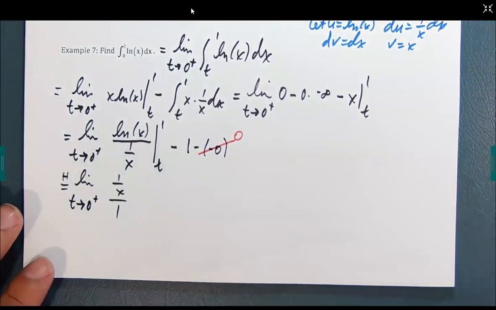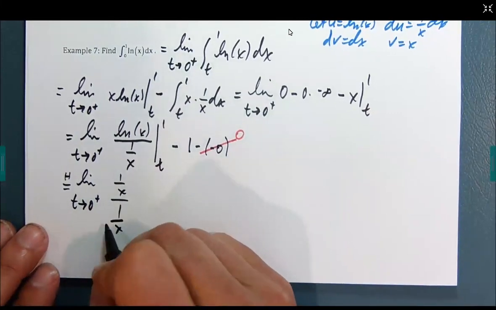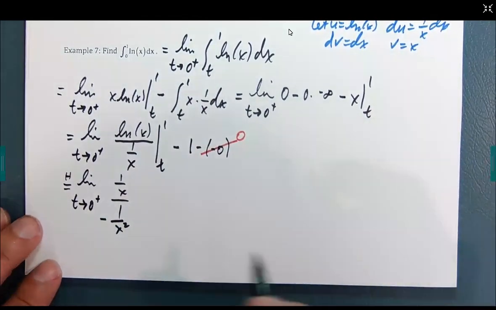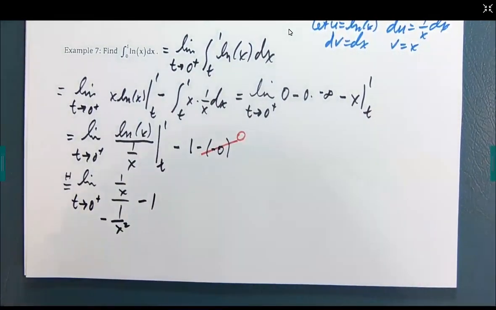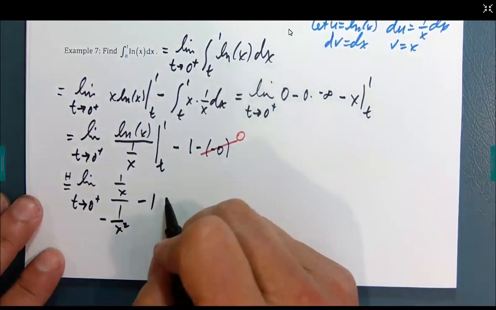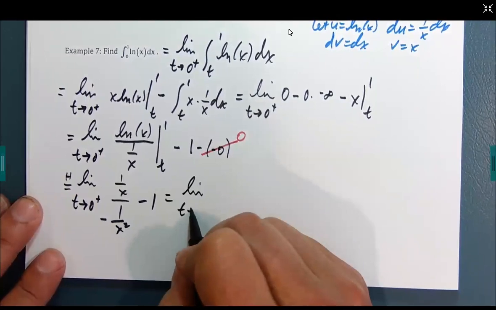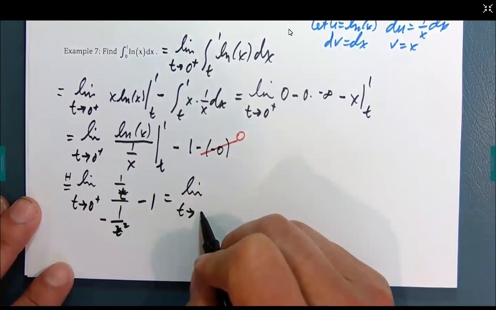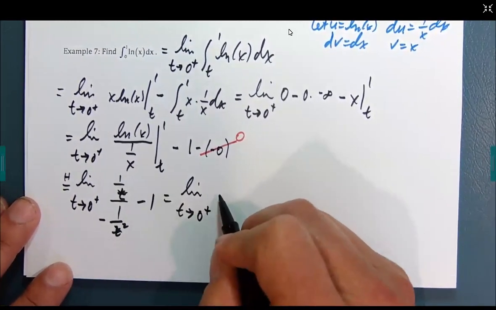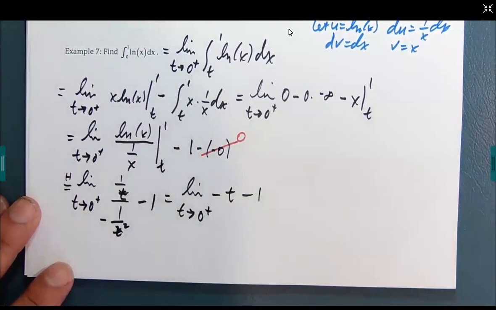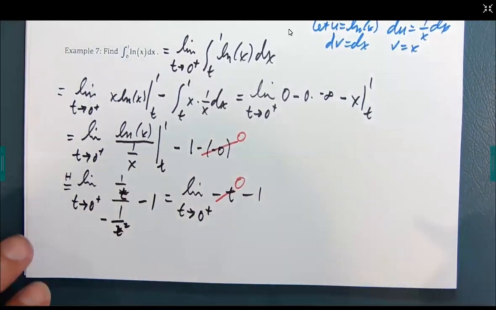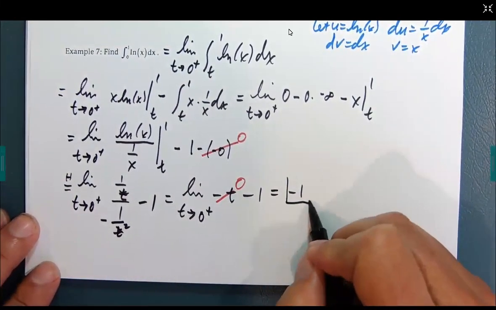And you can see that what we're getting, my bad, this is that there. And this whole piece, so this is -1, this whole piece, let's write it out. And these are t's at this point, t goes to 0 of -t minus 1. And you can see that goes to 0. Gives me the limit is -1, which means it's convergent.